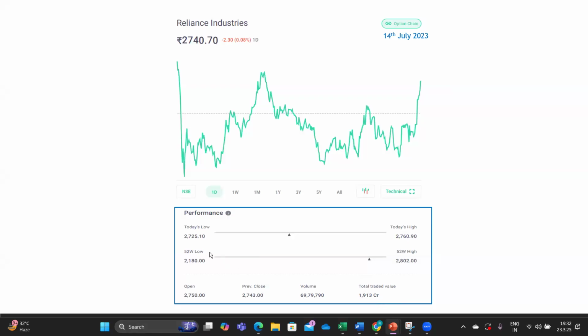52-week low and 52-week high for Reliance. When I made this, it was between 2180 and 2802. Today's low is 2725 and high is 2760.